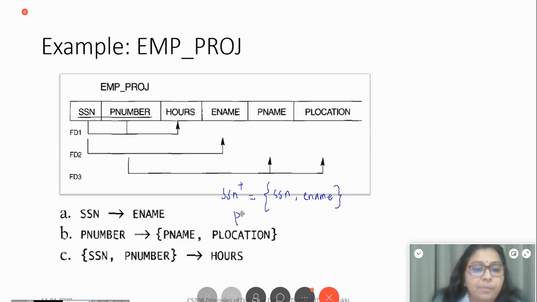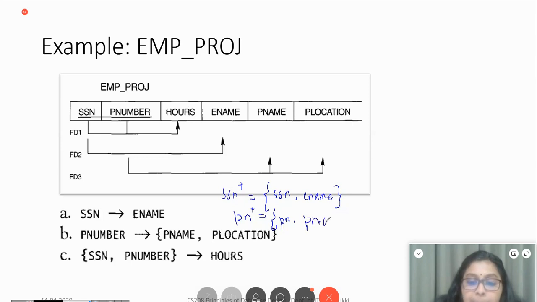Similarly, I find for P number. I'll denote P number by Pn. So Pn plus, obviously, will include the attribute P number. Then you see whether there are FDs with P number on the left-hand side. Yes, there is an FD, so you include P name and P location.